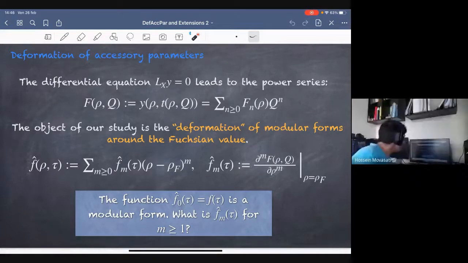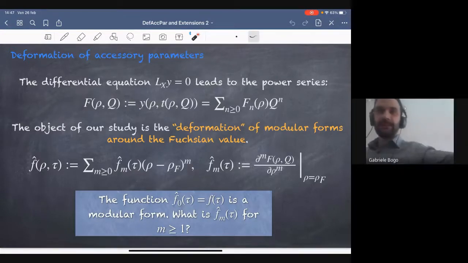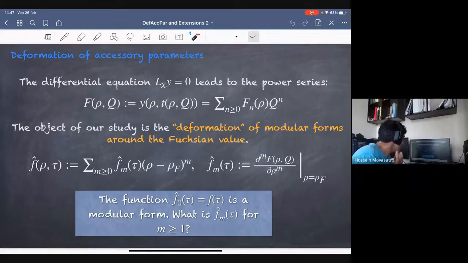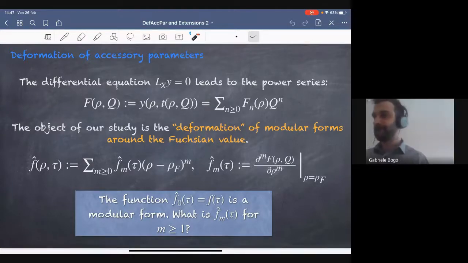Maybe I have one question. In this case, there is just one cusp, or there can be more cusps? The cusps are in bijection with the punctures of the sphere. So if you have n punctures, then you will have n cusps for your group. So you can do a q-expansion around any cusp, not just one of them. Okay.